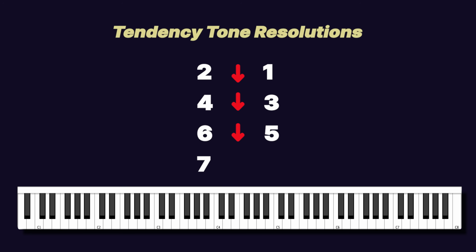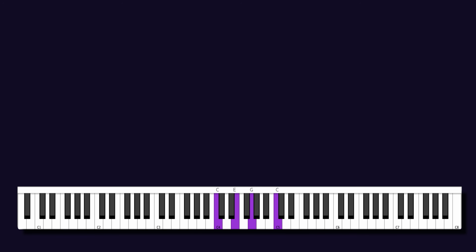And the 7 wants to resolve up to the 1. Now, just from this example alone, you're probably hearing some pretty familiar melodic ideas. Those are the tendency tones resolving to the notes that they tend to want to resolve to.